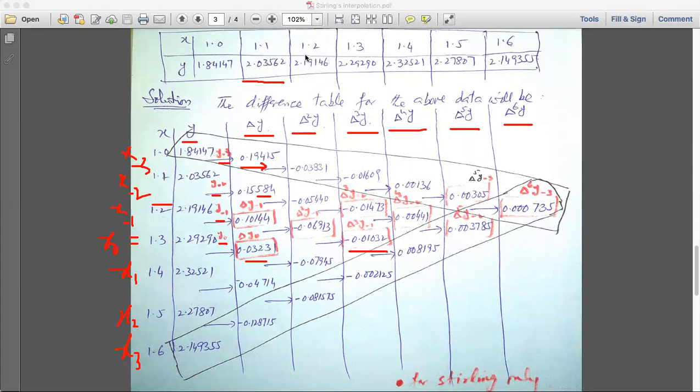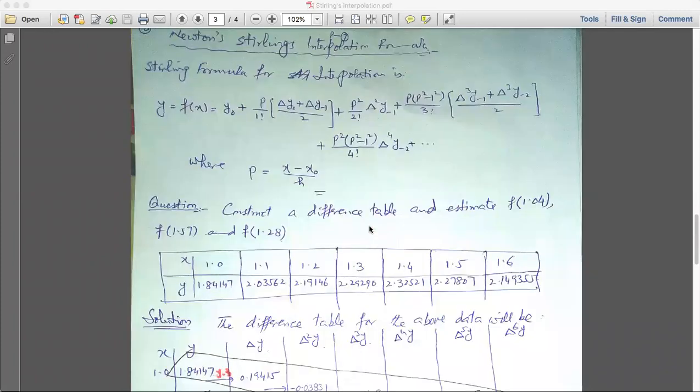And we can see the formula. Formula को हम एक बार फिर से देख सकते हैं जिसमें हमने तमाम values को put करना है. And this is the formula. ठीक है.